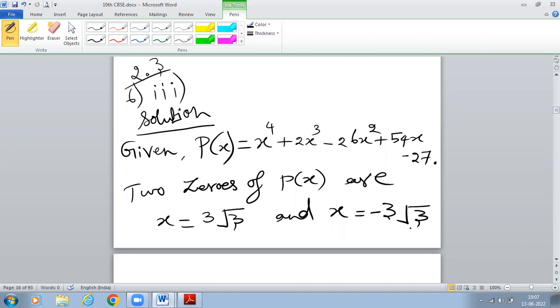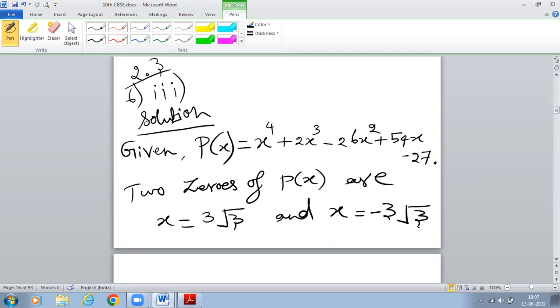Now, in this question, first, with the help of the two given zeros, we have to find a quadratic, because two zeros are given. If one zero is given, we can find one linear factor of the given polynomial p of x. Here one zero is 3 root 3 and another zero is minus 3 root 3.